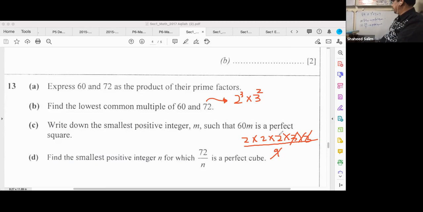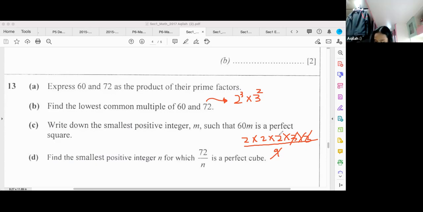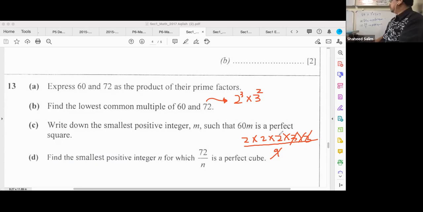Can also, yes. 21 also. Well done. That means you understand. So that means your 2 squared can make 2 times 2. But you got to get rid of the 3 and 7. So that means you understand, right?